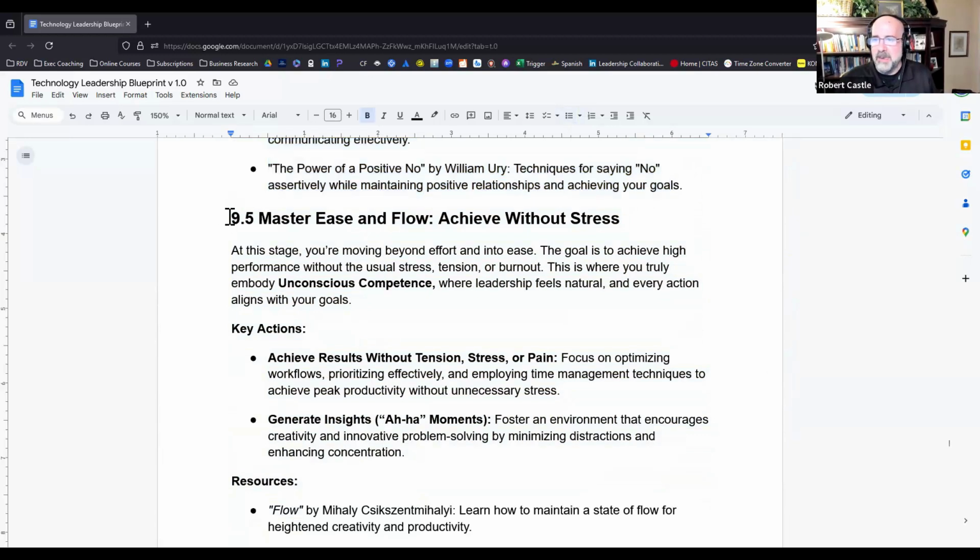And then finally, mastering ease and flow. So how to get achievement without stress. At this stage, you're moving beyond effort and into ease. The goal is to achieve true performance without the usual stress, tension, and burnout associated with achievement.